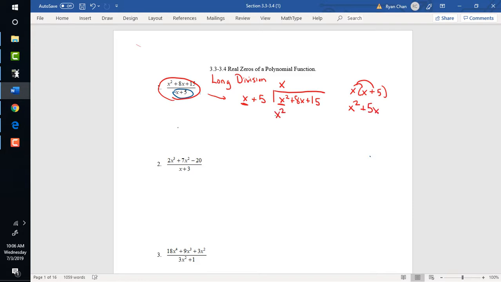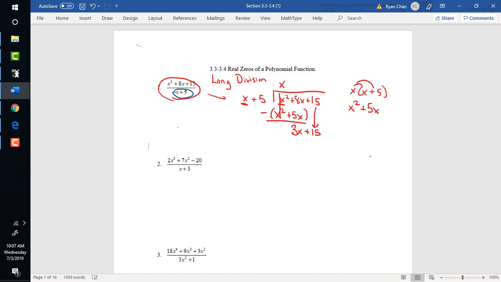So I have x squared plus 5x, and then I subtract just like in long division. We have to be careful because we're subtracting both of them. I'm subtracting my x squares, and I'm subtracting 8x minus 5x, and that gives me 3x. Now, just like regular long division for numbers, I'm going to bring my 15 down and repeat once again.